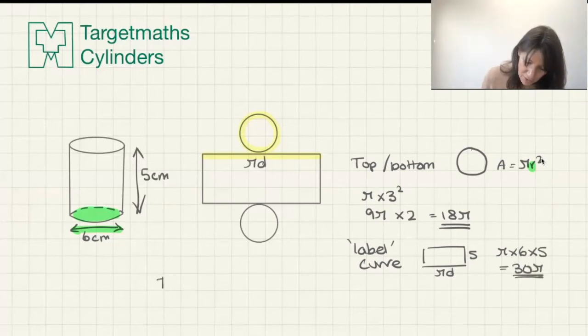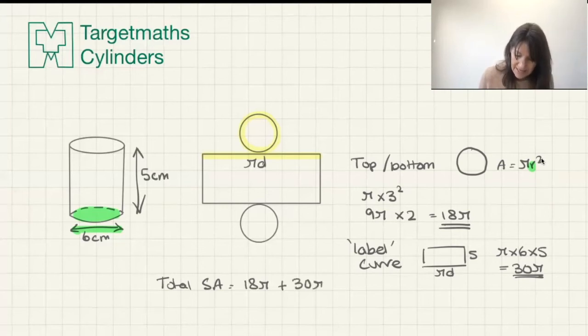So total surface area is the 18 pi from the top and the bottom, plus the 30 pi from the label. That is giving me 48 pi as an answer in terms of pi. And I've hardly had to grab my calculator. The numbers have been really easy to work with. And I have a final result of 48 pi.